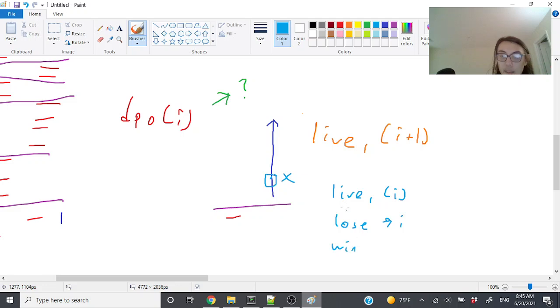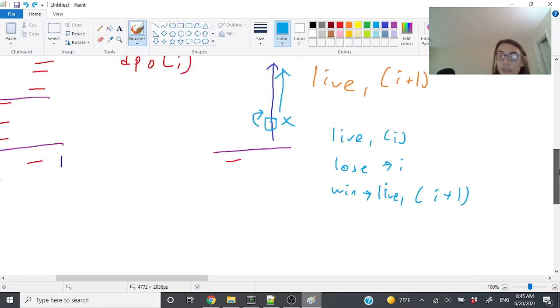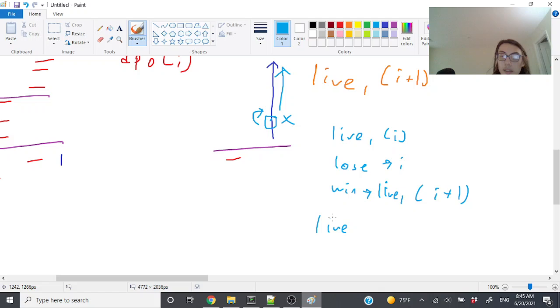And if we win, then it's however long we can last on the rest of it. So it's live1 of I plus 1. It's however long we can last. We survive here, so now we're asking about this position. How long can we last here? And then as a base case, we can set the endpoints to like themselves. So like live0 of n equals live1 of n is equal to n.